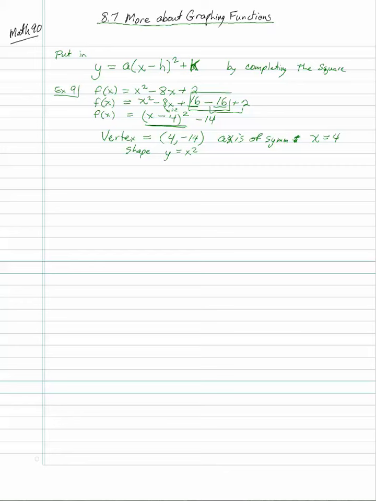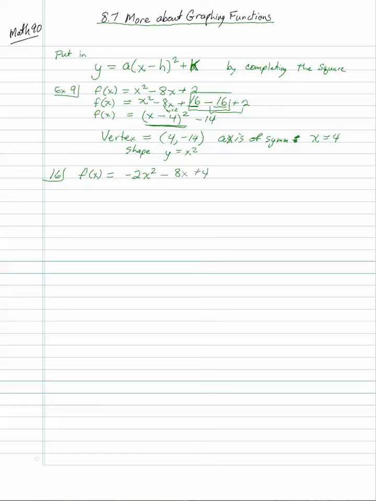Alright, let's try another one. How about number 16? So we've got f of x equals negative 2x squared minus 8x plus 4.